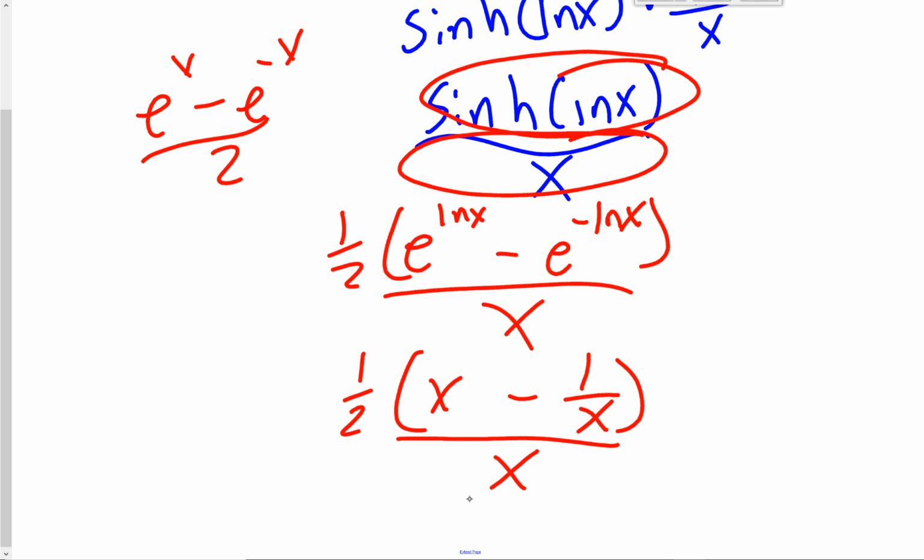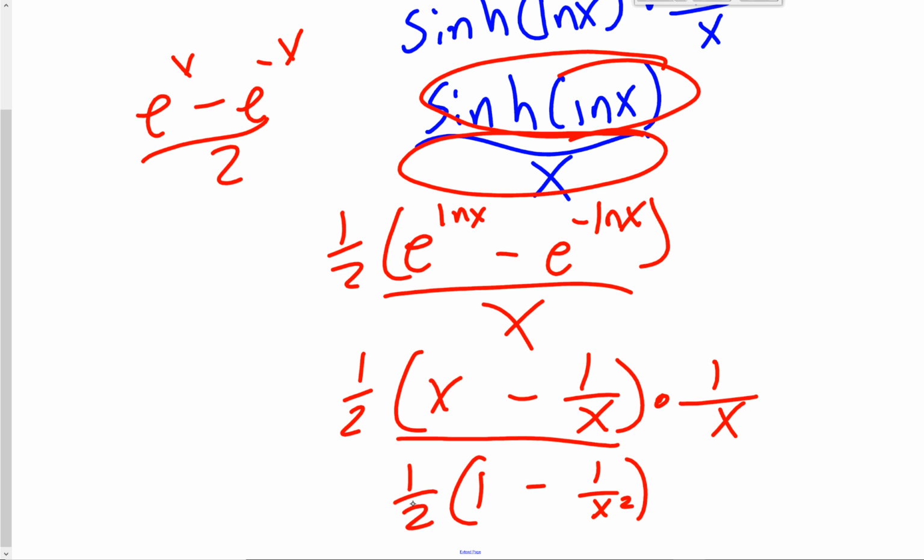Well, dividing by x is the same thing as multiplying by 1 over x, right? So I get 1 minus 1 over x squared times 1/2. Or you could simplify that with a common denominator. Get x squared minus 1 all over x squared.